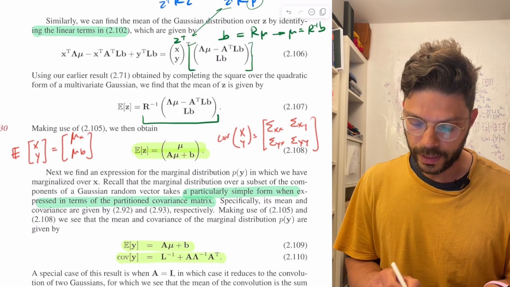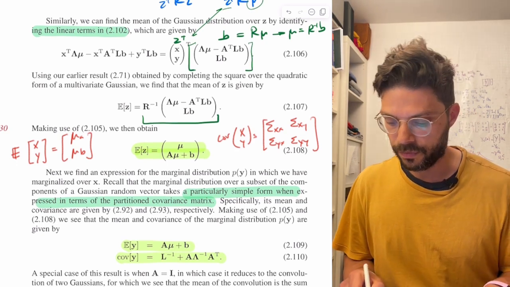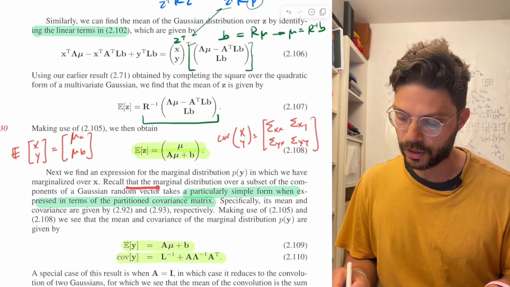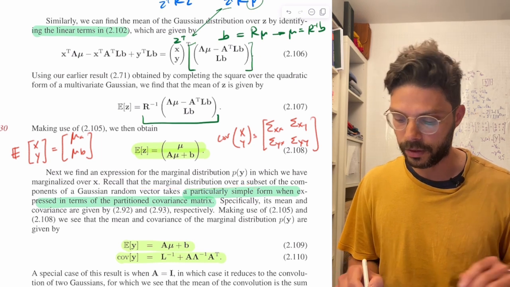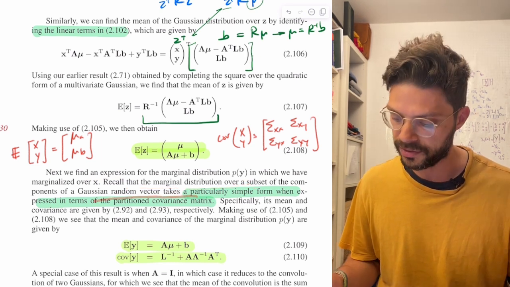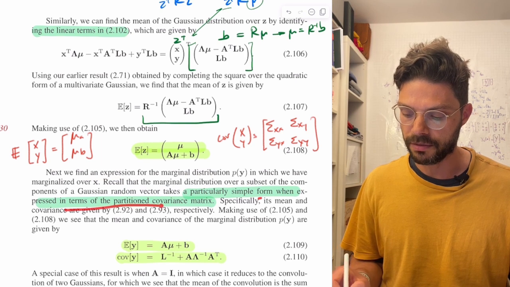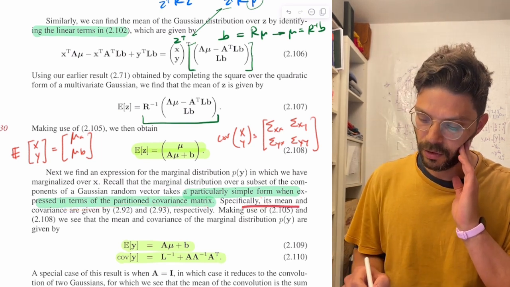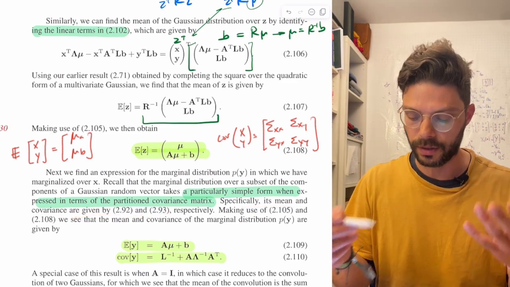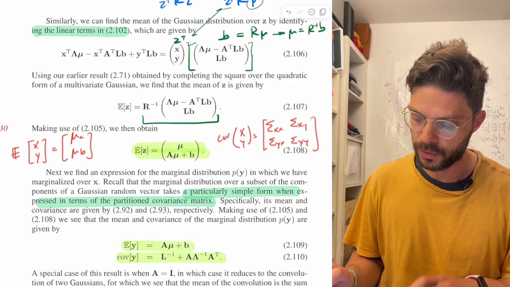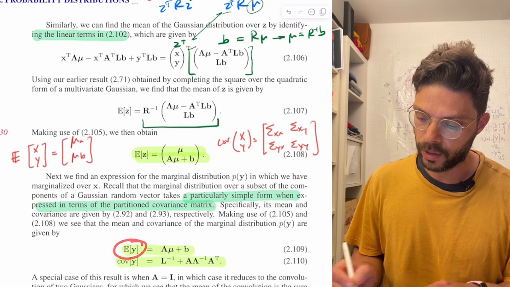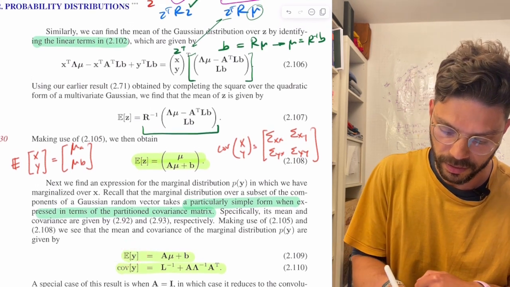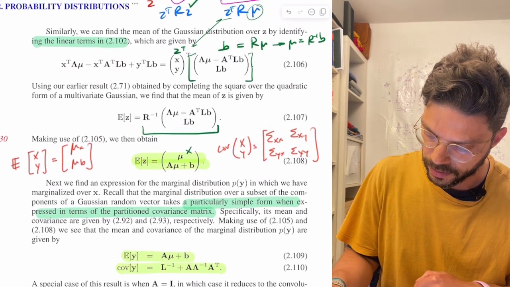So we find an expression for the marginal. Recall that the marginal over a subset of the components of the Gaussian random vector takes a particularly simple form when expressed in terms of the partitioned covariance matrix. Specifically, its mean and covariance are given by so and so, which is the expression I've just given you. So essentially we look at y. This was x and this is y.